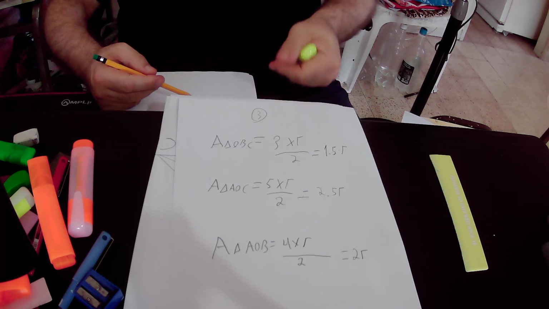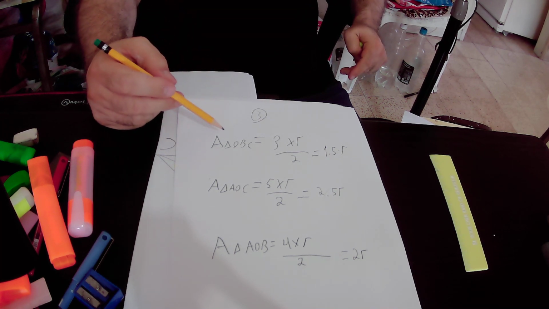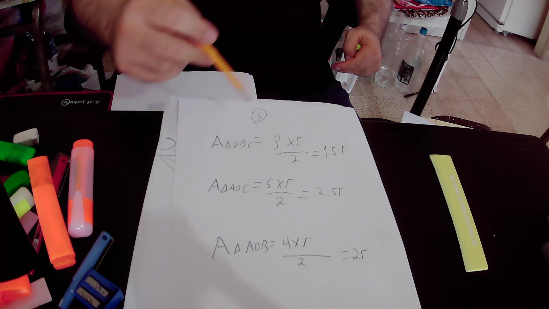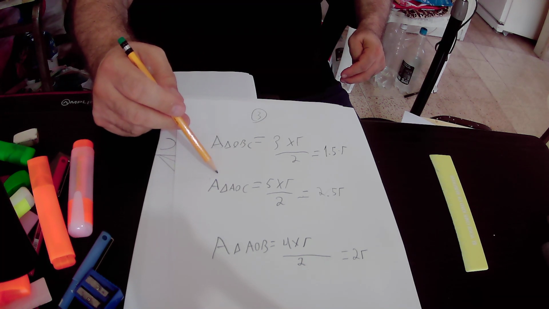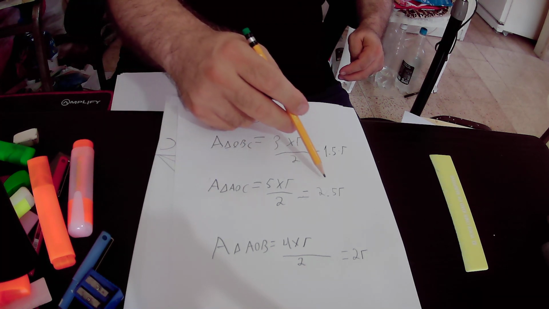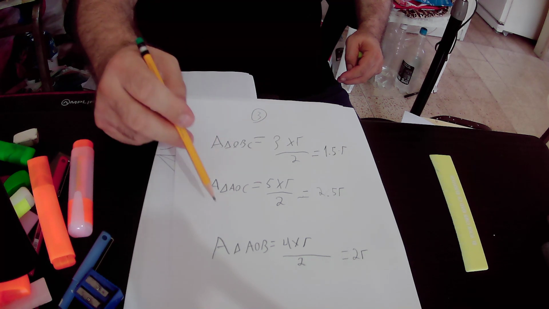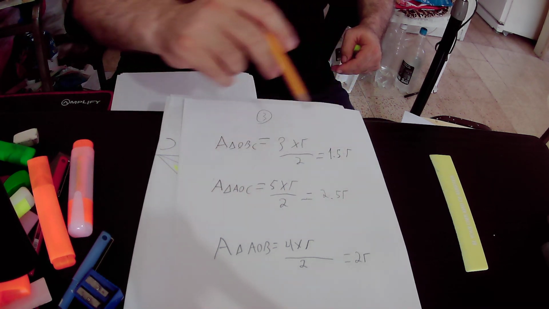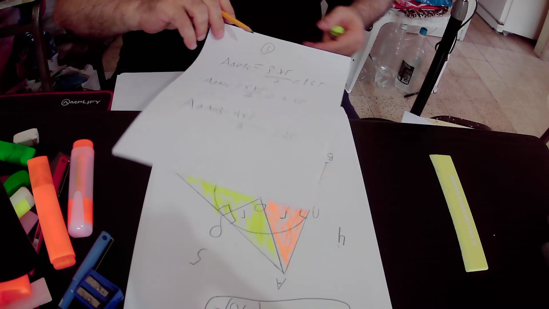So we can summarize and say that the area of the green triangle equals 1.5 times the radius. The area of the yellow triangle equals 2.5 times the radius. And the area of the orange triangle equals 2 times the radius of the circle. Okay?